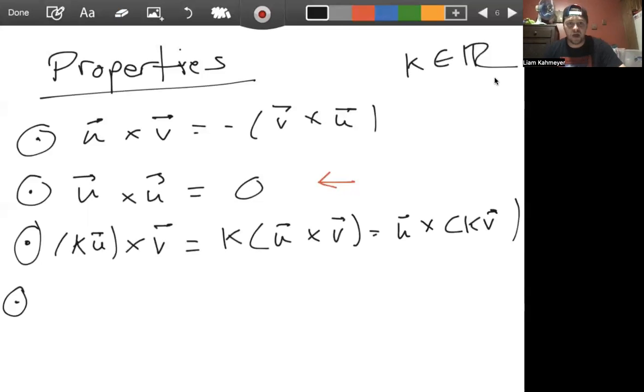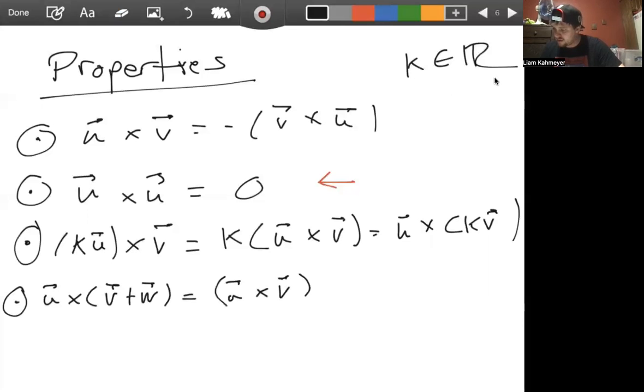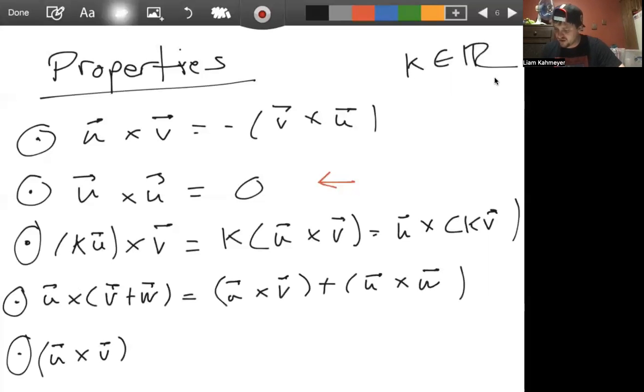We also have a distributive property. We have the property that the cross product distributes over vector addition. So if we had u cross v plus w, this is the same as u cross v plus u cross w. We have an analogous property if you flip the order here. So let's say we had u plus v, and then cross w.